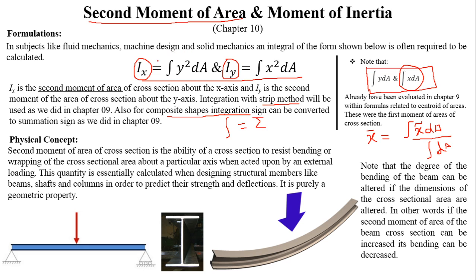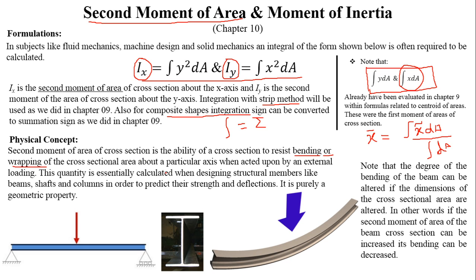Now, the physical concept behind the second moment of area. What is the physical concept behind the second moment of area? Basically, the second moment of area is the ability of a cross section to resist bending, or I would say warping of the cross section about a particular axis.